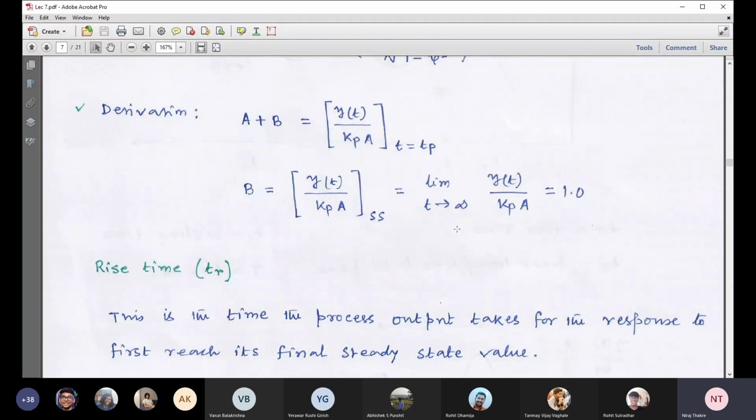I think if you revisit the plot, it's easy to understand the statement for rise time. It is the time required to reach first time the final steady state value.